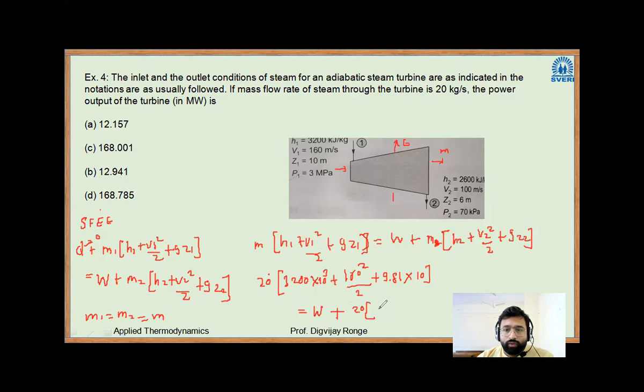How much is H2? 2600 kilojoule per kg. So I will multiply by 10 to power 3.